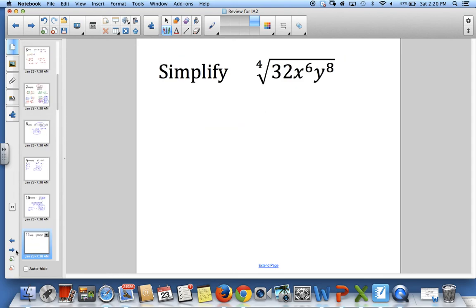Okay, next problem, we're going to move on. This is a square root, actually a fourth root. What we want to do with this one is simplify 32. 32 is broken down to be 4 times 8, which is 2 times 2, and this is 2 times 4, and 2 times 2, so it's 2 times 2 times 2 times 2 times 2.